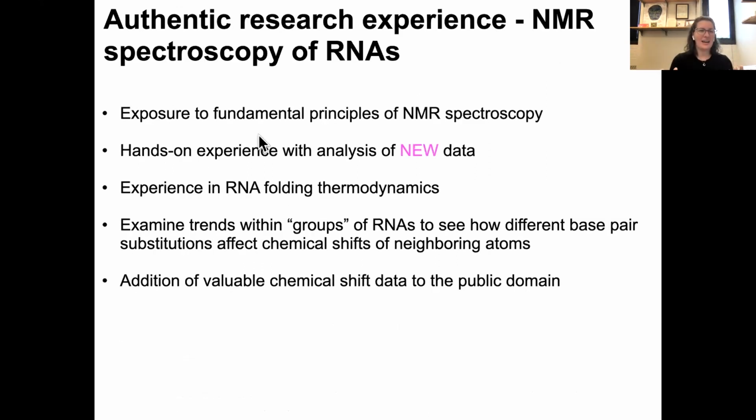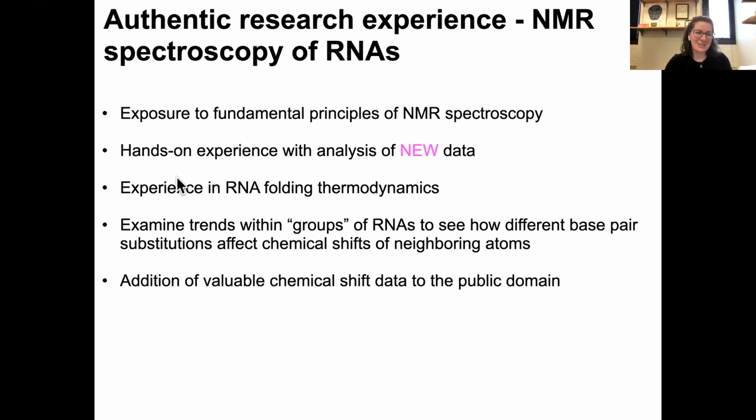Okay, so I hope that you all can appreciate this sort of authentic research experience that I've developed and implemented for our students. This gave students really great exposure to fundamental principles of NMR spectroscopy. It gave them hands-on experience with the analysis of really brand new NMR data. This is not data that's been passed down from year to year, it's new data, so it's still really exciting to look through.